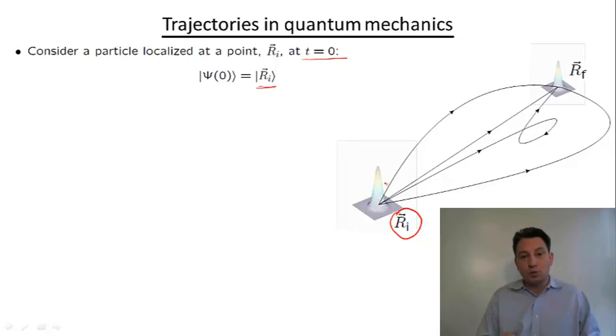Or in physical terms, it means that this wave function is a very narrow wave packet localized in the vicinity of this r sub I, very similar to the wave packet that we saw in the last segment of the very first lecture.